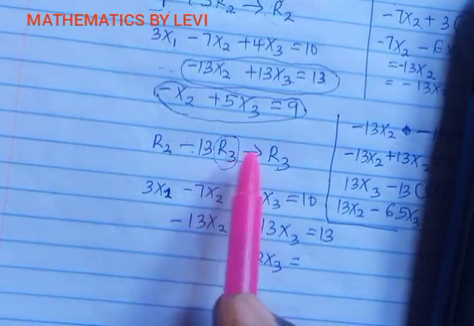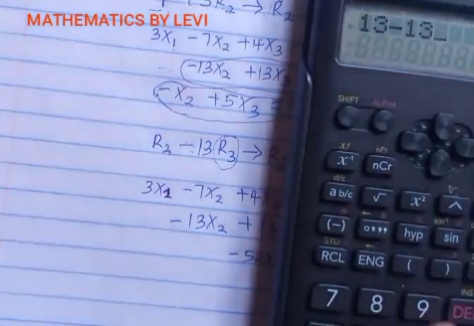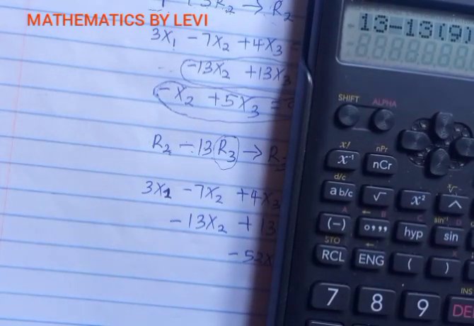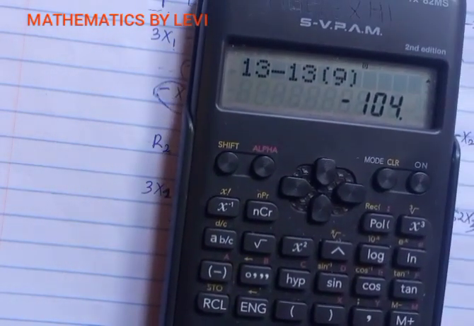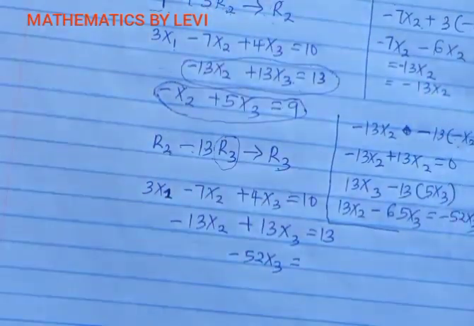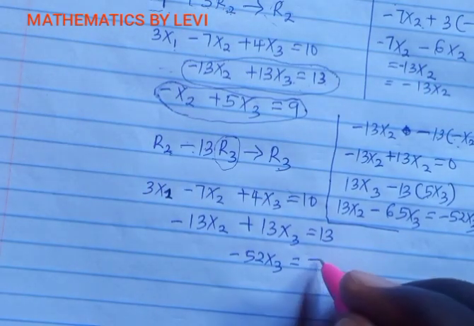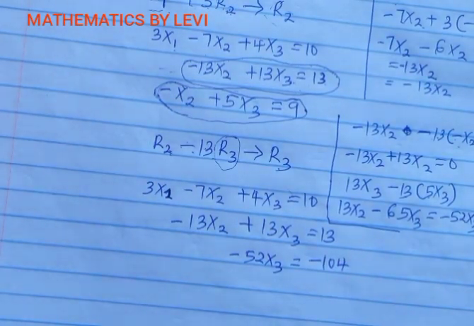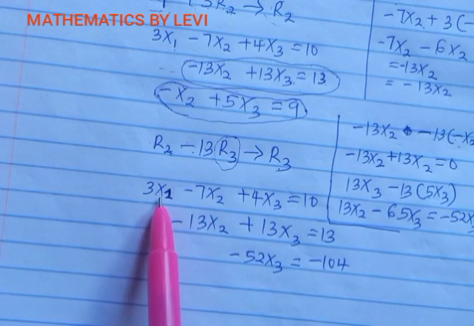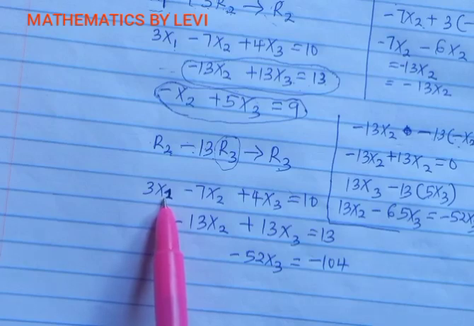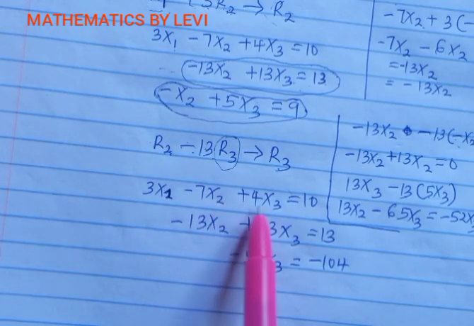Minus 13 R3, which is 9. What do we obtain? That is negative 104.